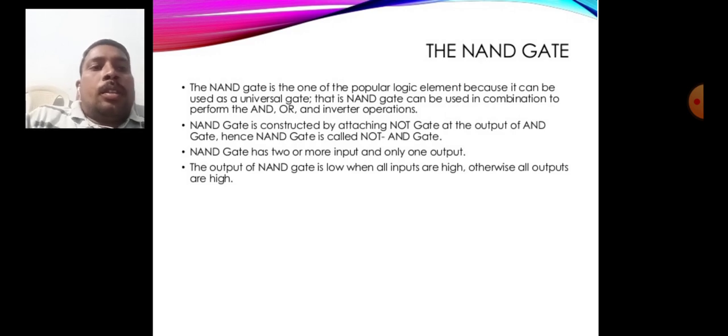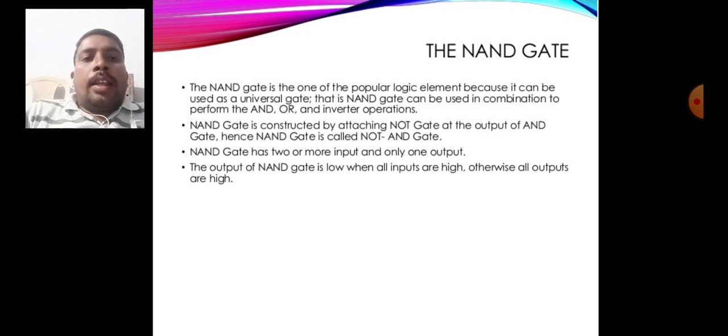Now let's discuss the NAND gate. The NAND gate is one of the popular logic elements because it can be used as a universal gate.